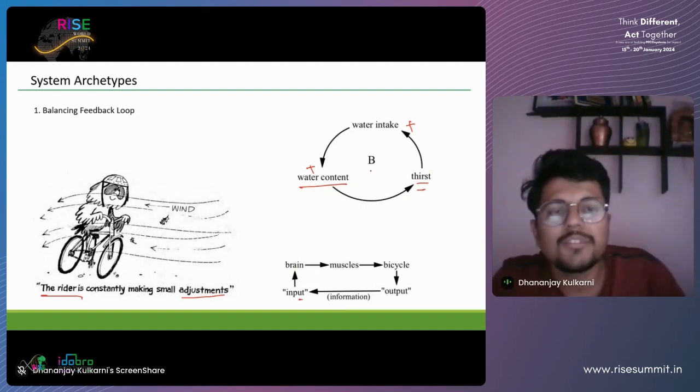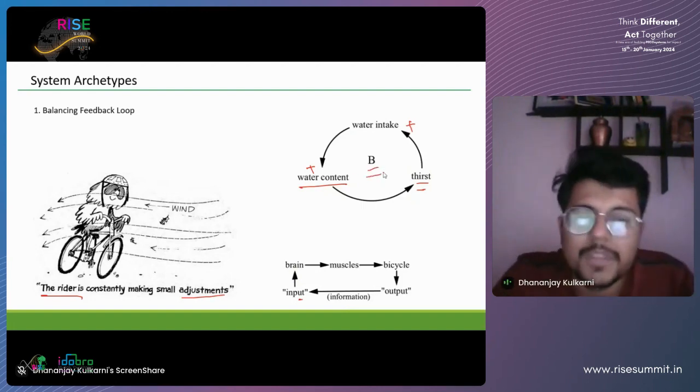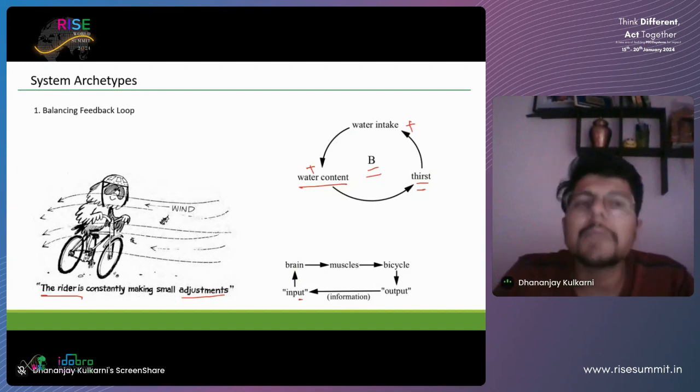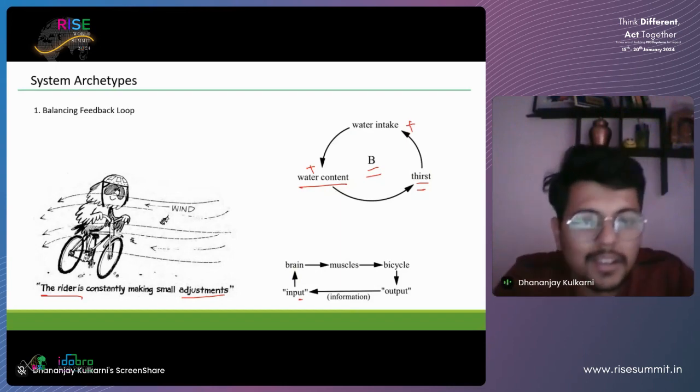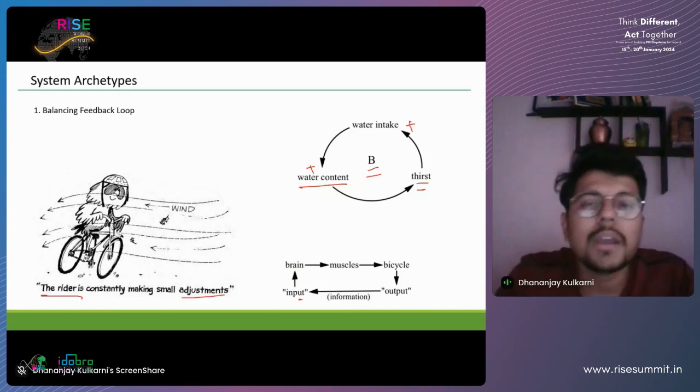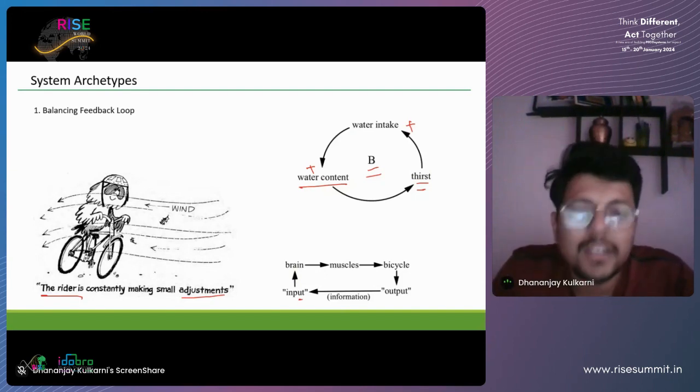So this is a balancing feedback loop that we have in our body. In the same way, if our body temperature increases, how does the temperature of the body remain constant, in homeostasis? That's also one of the feedback loops that we have in our body.